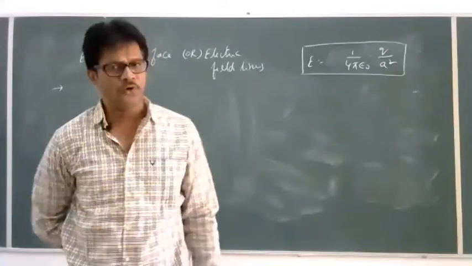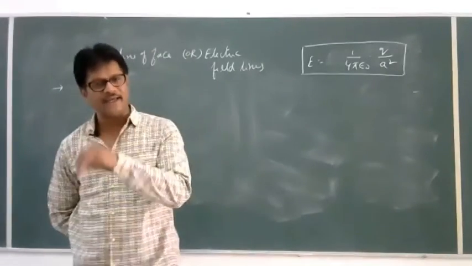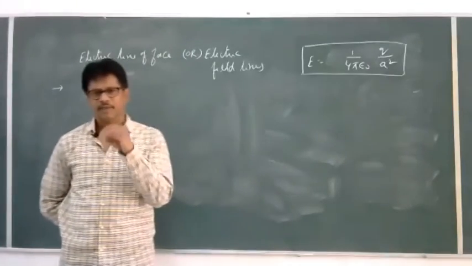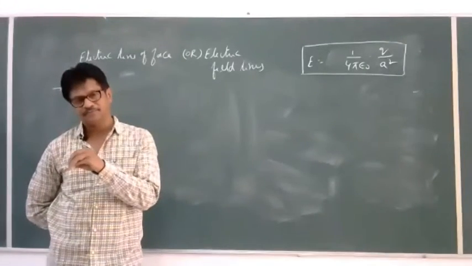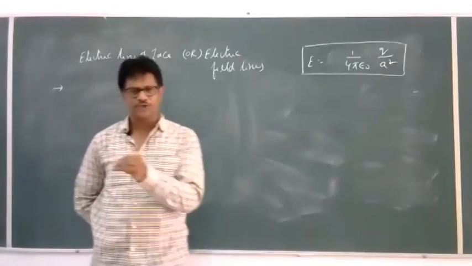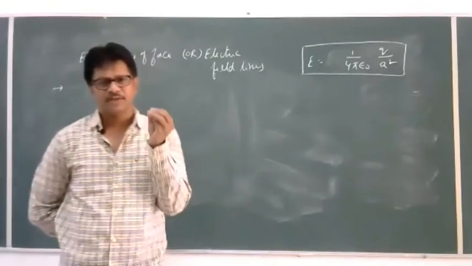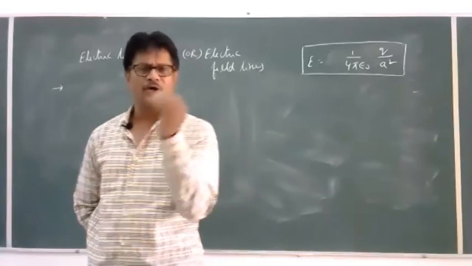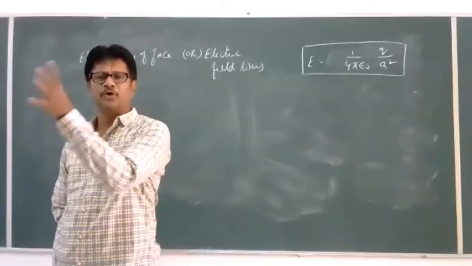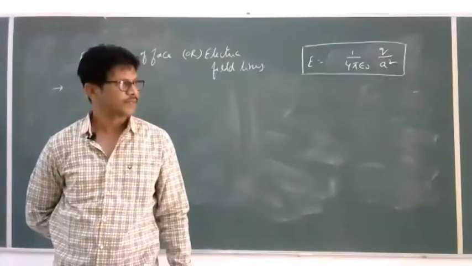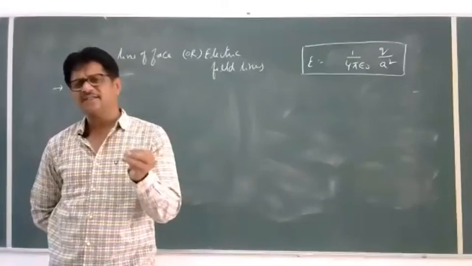Electric line of force is an imaginary line in which the unit positive charge is supposed to be moved. So it is just an imaginary line.